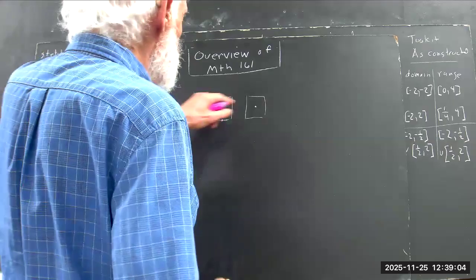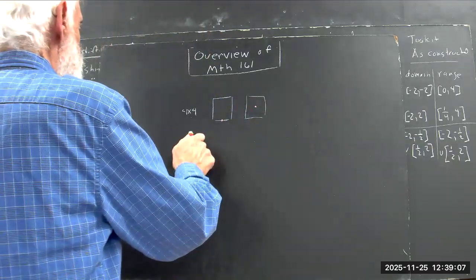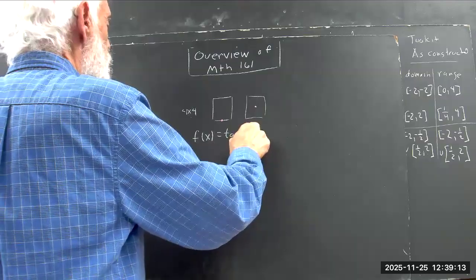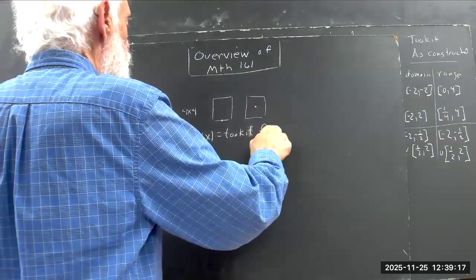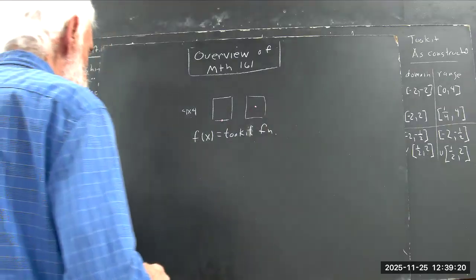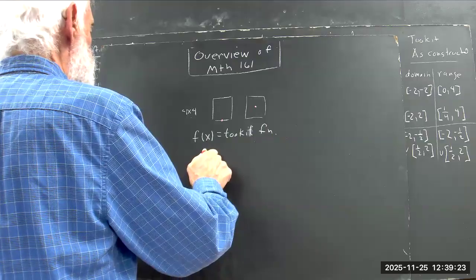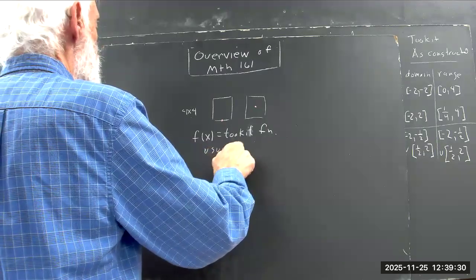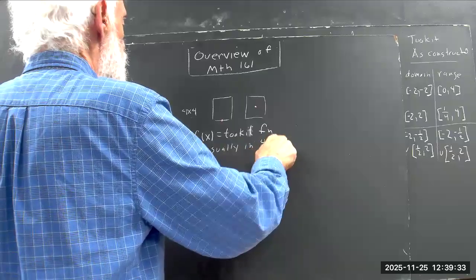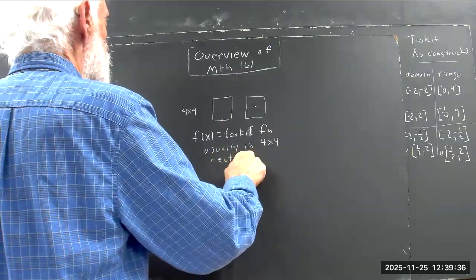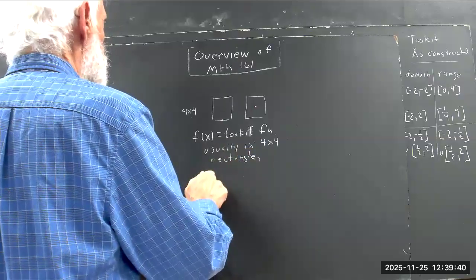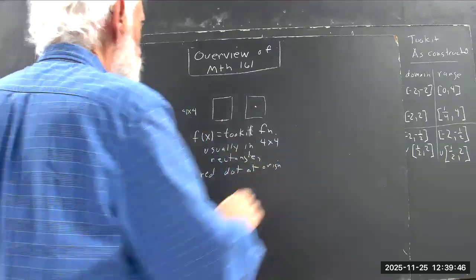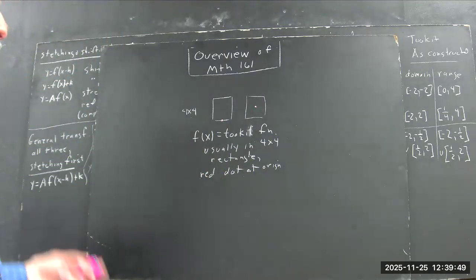Okay, so we can take these graphs where f of x is a toolkit function, usually in a 4x4 rectangle with a red dot at the origin.